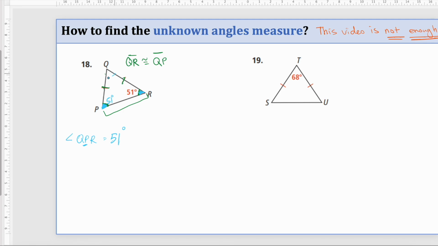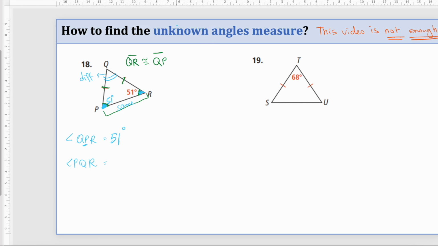Now to find the last missing angle, this is supposed to be a different angle. Only the angles at the base are supposed to be the same. The last angle that is left is supposed to be different. The last angle, in this case angle PQR, since it's a missing angle not equal to any of these, we can use the 180 rule.